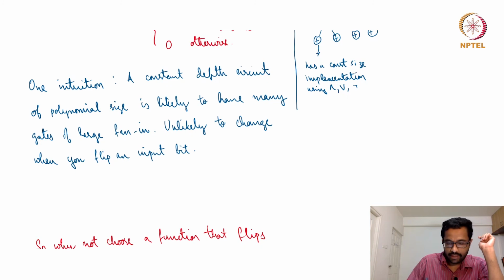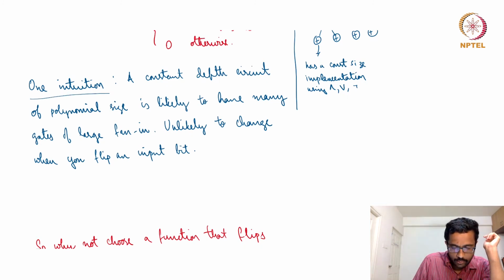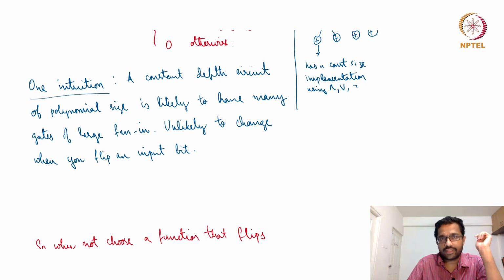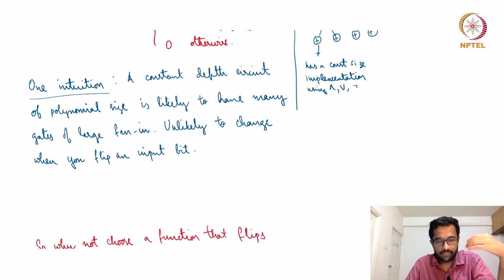So here is one intuition as to why this is a good function to demonstrate as not in AC0. A constant depth circuit of polynomial size has polynomially many gates, but constant depth means it's a rather flat circuit, even though it has n inputs.